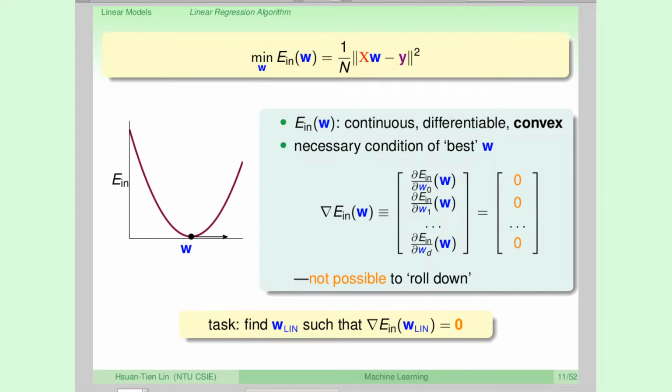I'm going to name this particular W, W_LIN. And this LIN is not named after me, although my last name is Lin. It means linear. I'm going to get some linear regression weights, and the property of this linear regression weight is that it needs to have gradient equal to 0.